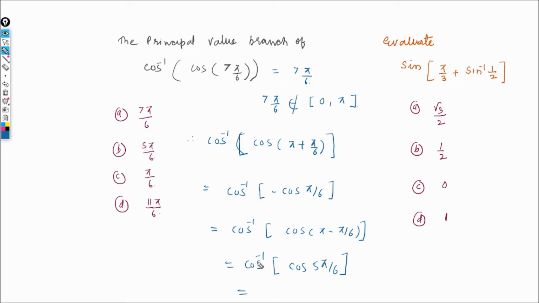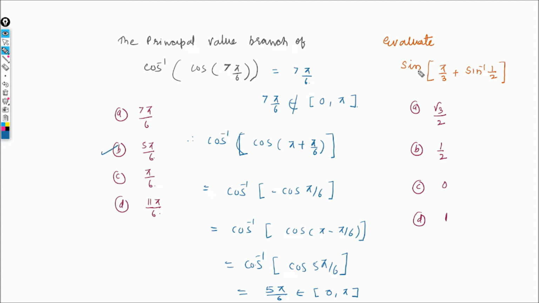This is equal to cos inverse of cos 5 pi by 6, and cos will get cancelled, giving 5 pi upon 6. 5 pi upon 6 means 30 into 5, 150 degrees. So therefore this belongs to the closed interval 0 to pi. So therefore our answer will be this.